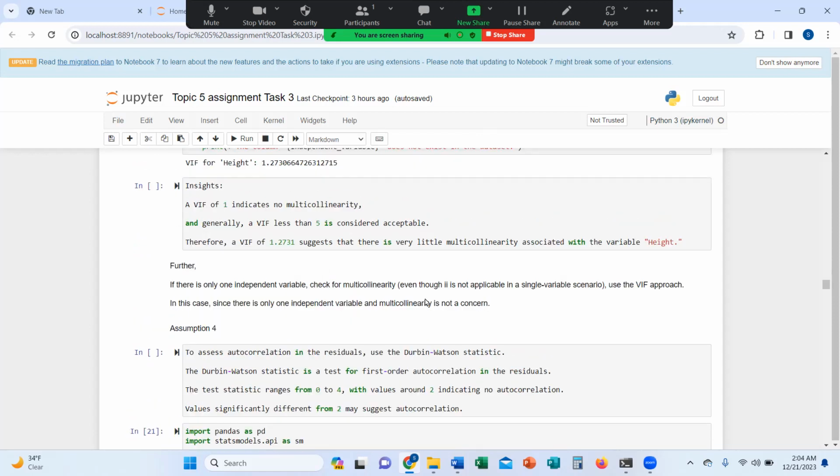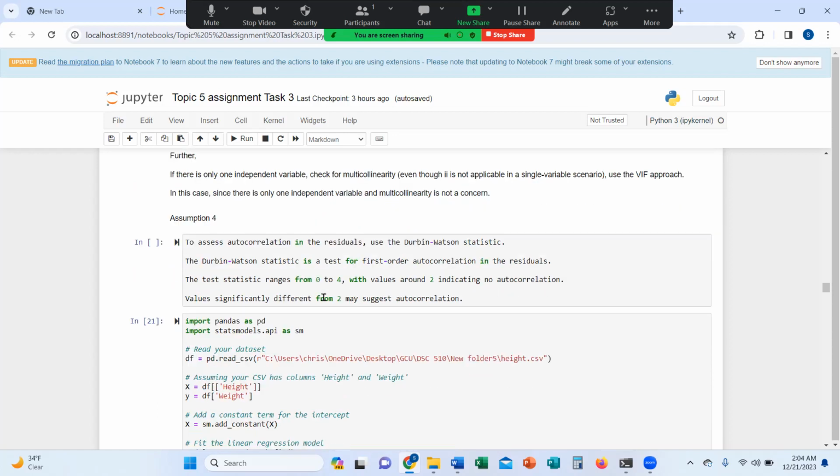But in this case, there's only one independent variable, and with one independent variable, multicollinearity is not a concern.